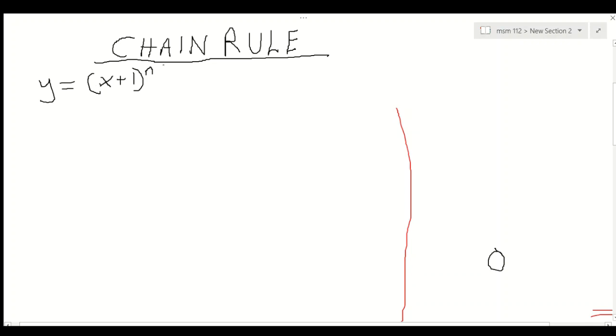So differentiating this, you let x plus 1 be equal to u, then you let n be equal to v. These are just assumptions. You can use your own letters of your choice, still fine. If my name is Joseph, I can use J here, but for simplicity's sake, use u and v.